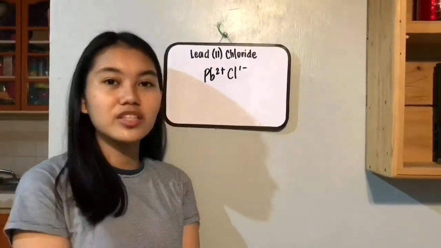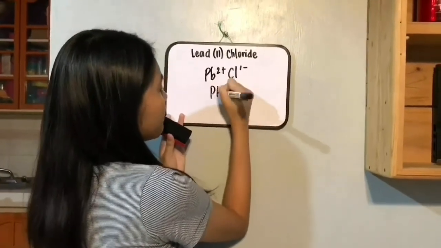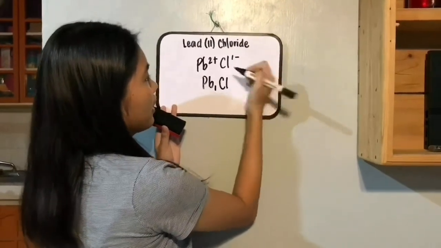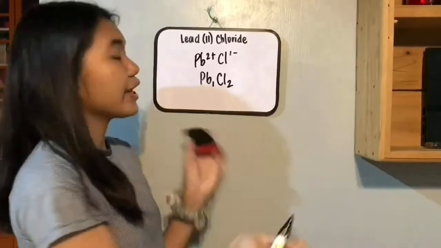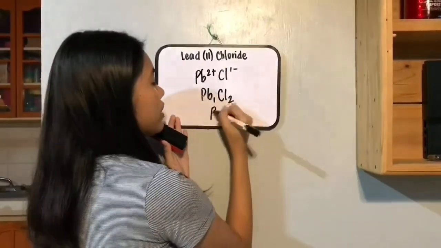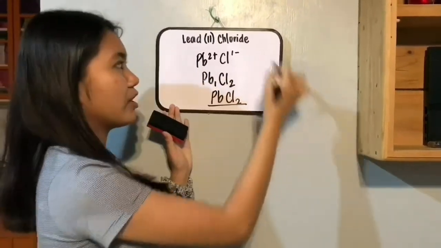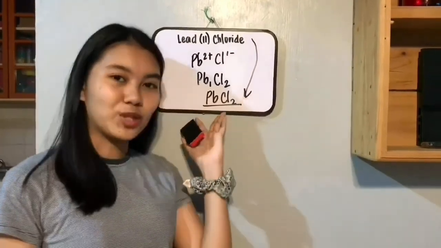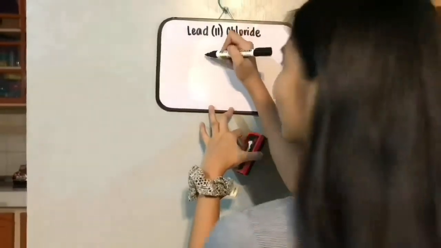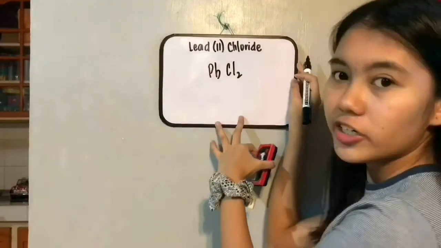To do that, we need to use the crisscross method. Pb's 2 will be put here, and then Cl's 1 will be put here. By convention, we don't use 1 as a subscript, so it will be PbCl2, which is the formula for lead(II) chloride. Let's check our work to make sure we got that right. We have PbCl2, our original formula.